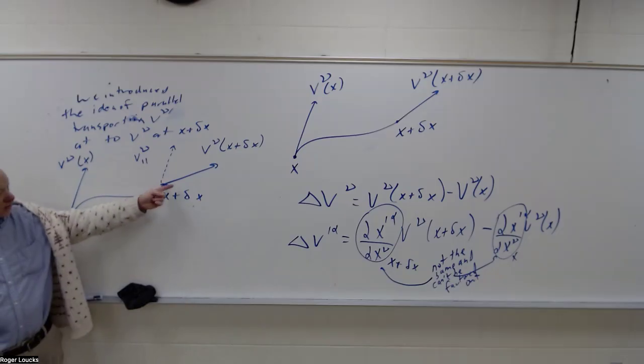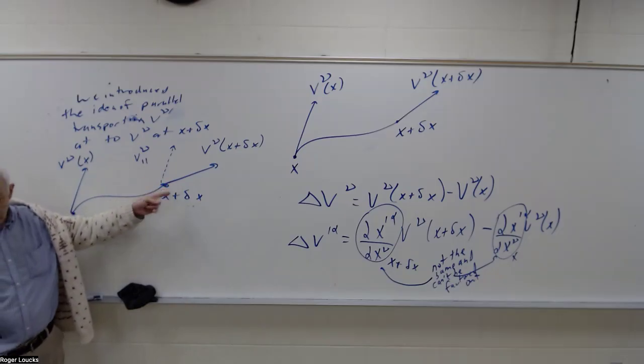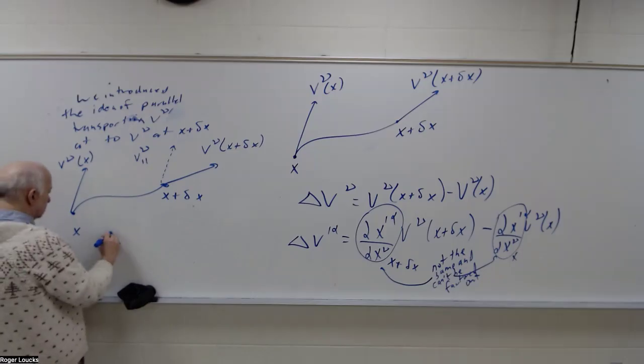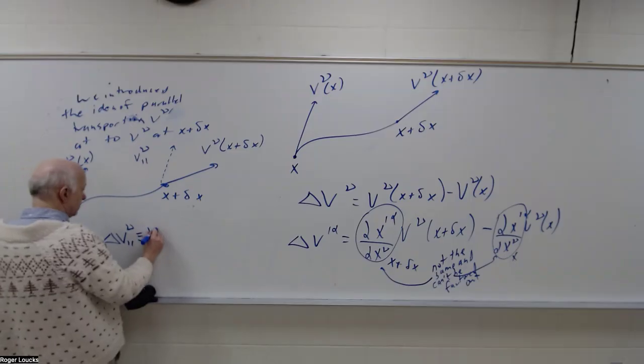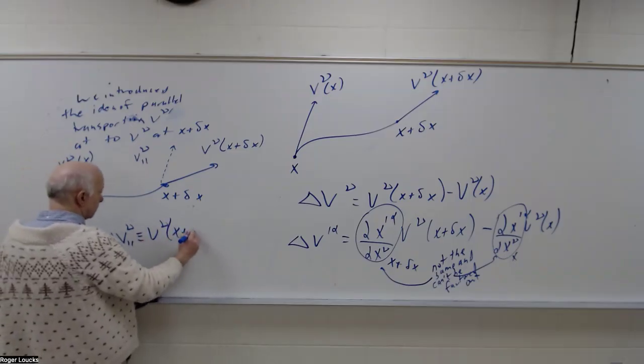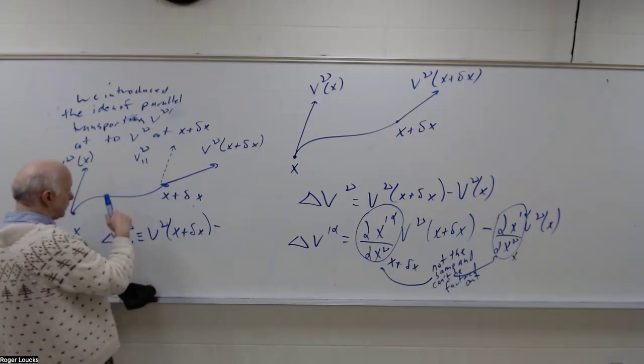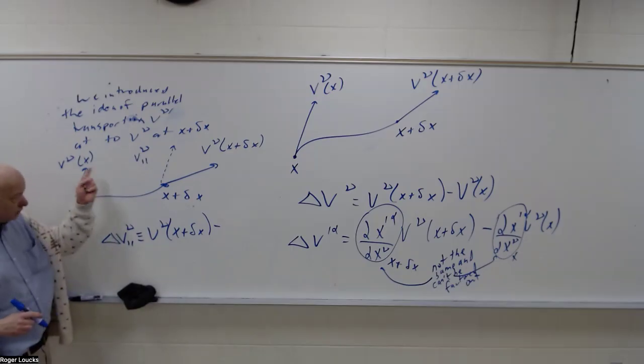And then I can take the difference between these two vectors. So I'm going to call this delta V new parallel. By definition, it is V new at X plus delta X, just like before. But now we subtract the parallel transported version of V new to here.